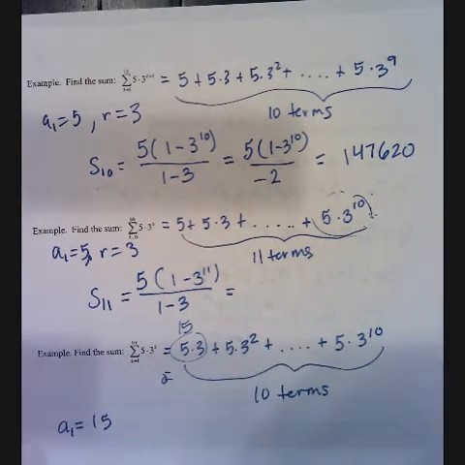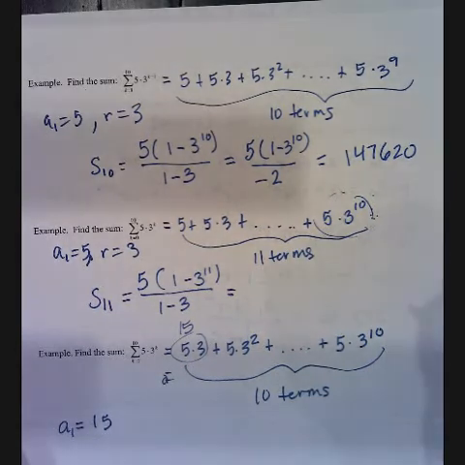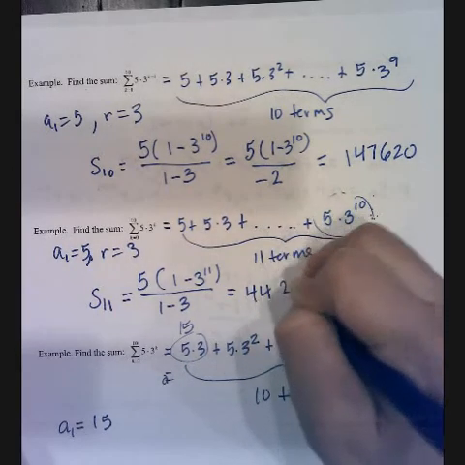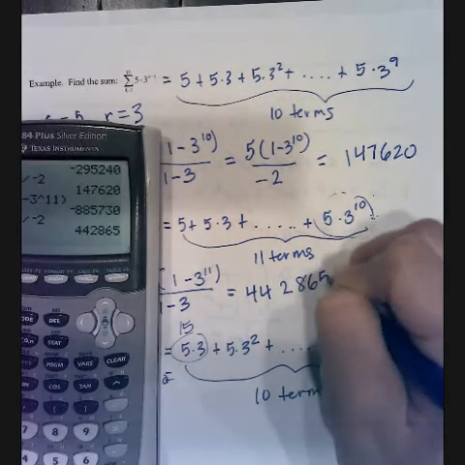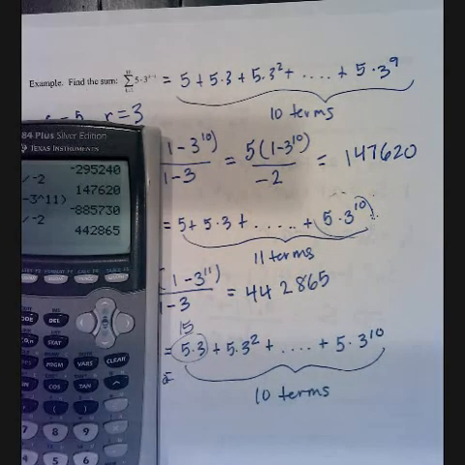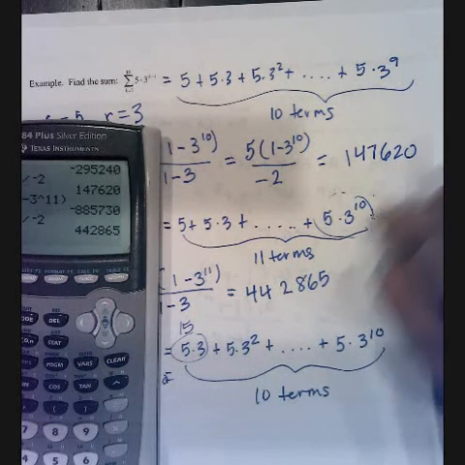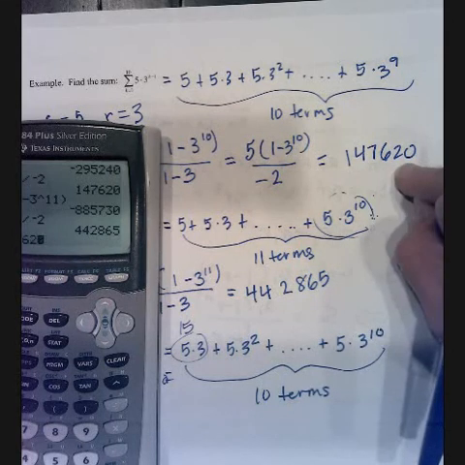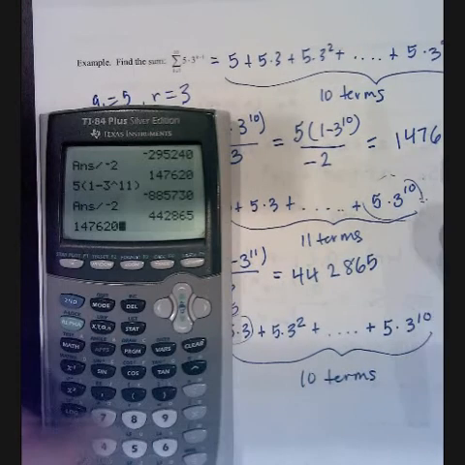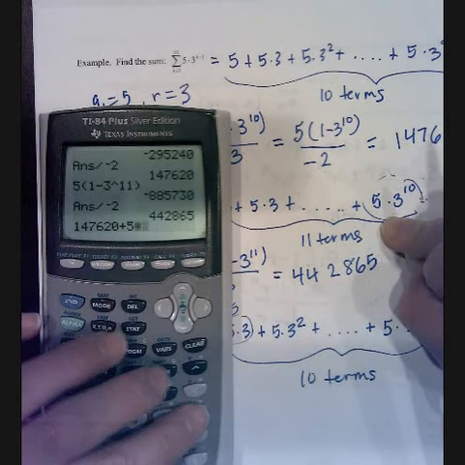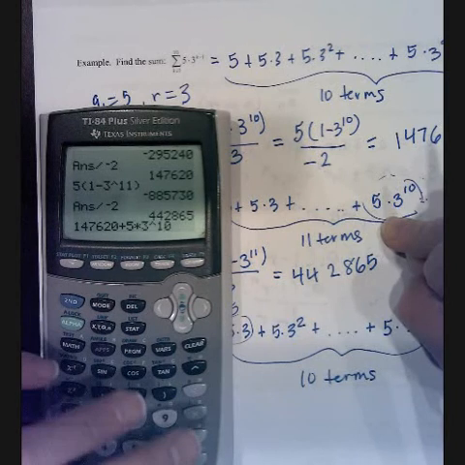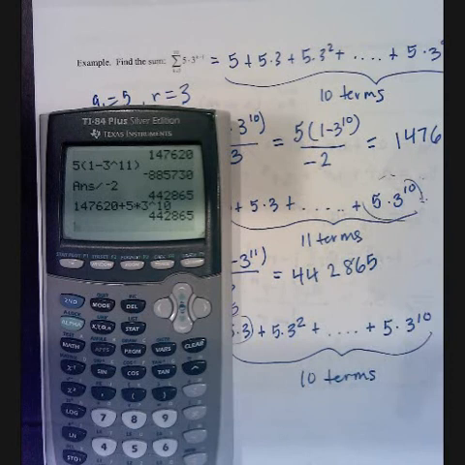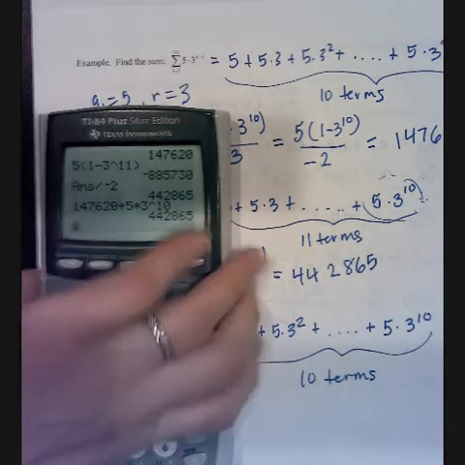So 5 times 1 minus 3 to the 11th divided by negative 2, 442,865. So notice if I took 147,620, plus 5 times 3 to the 10th, I get that answer. Okay, so this formula works, obviously.